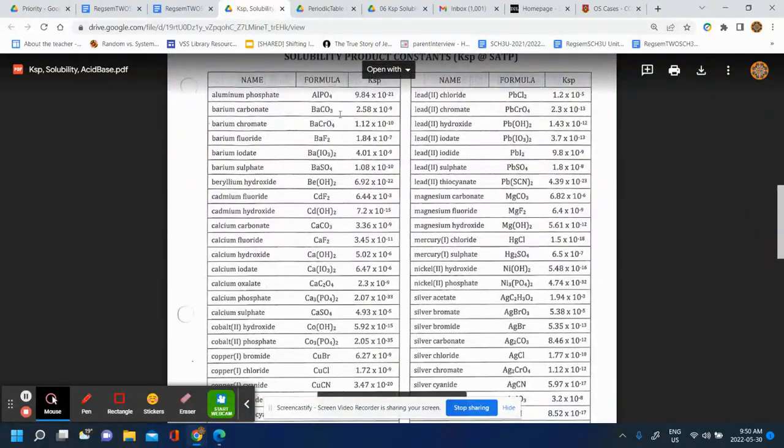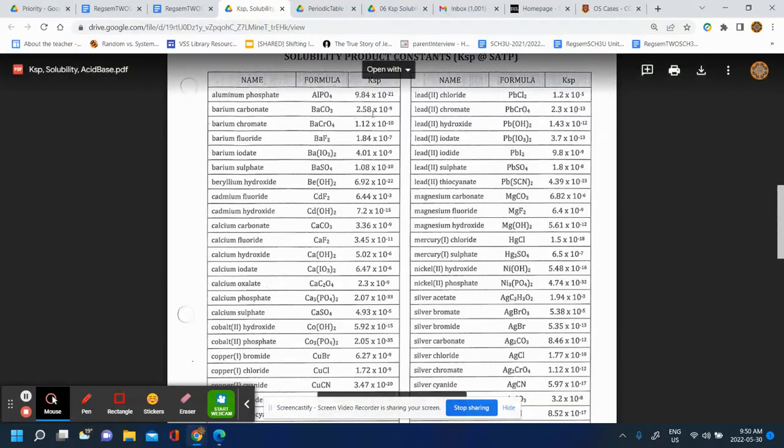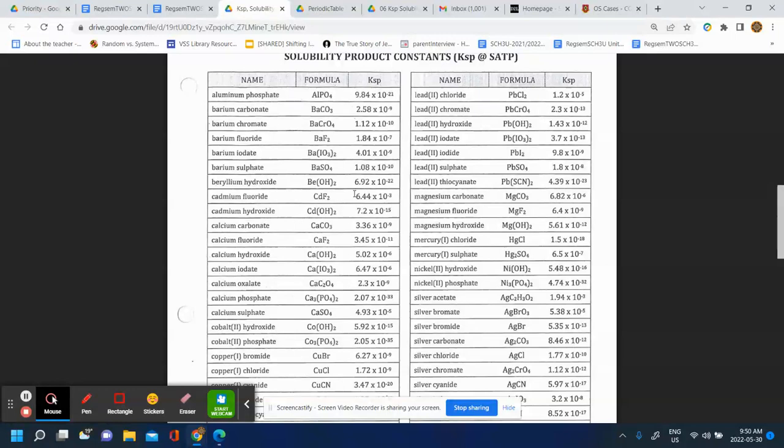And those different KSP values are based off the MSP in a saturated solution where you dissolve the maximum that can dissolve. And so the higher the KSP, the more soluble your substance is, because it's more towards the right. The equilibrium favors the product, which is the ions.